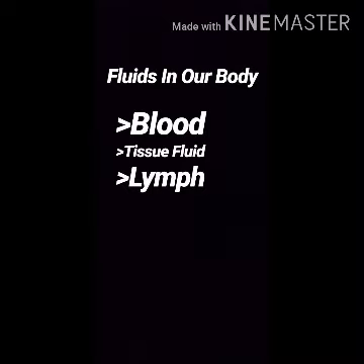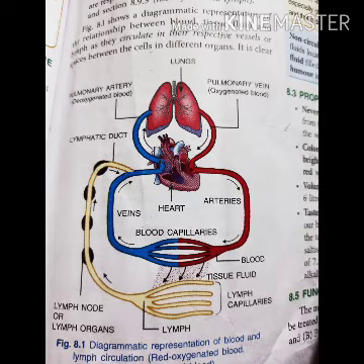Okay, then look at the diagram that is shown on the screen. It shows the circulation of blood in our body. Can you say which type of circulation this is? Yes, in the human body the blood circulation is closed.